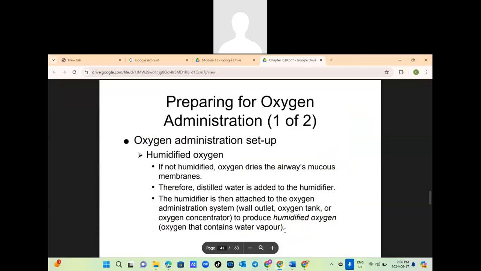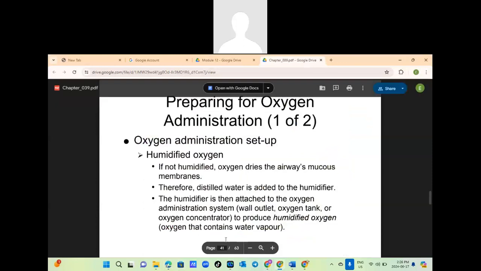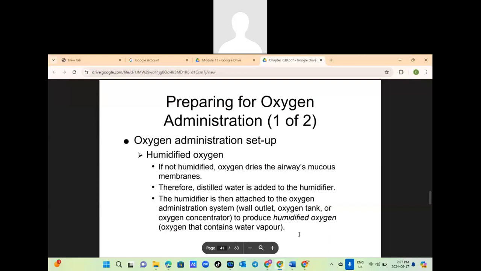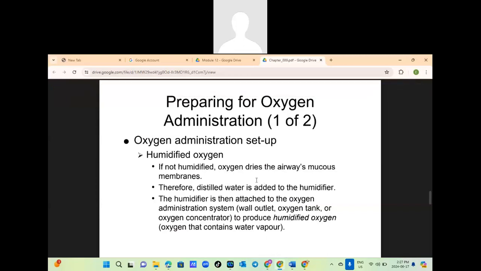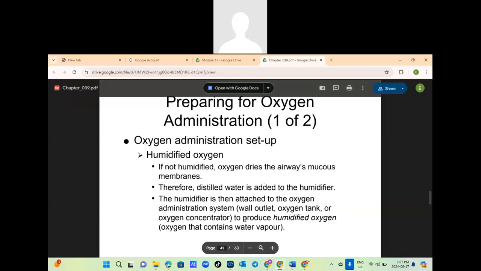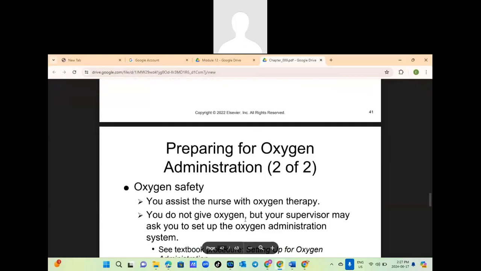The humidifier is then attached to the oxygen administration system, either the wall outlet, oxygen tank, or oxygen concentrator, to produce humidified oxygen, which is oxygen that contains water, so that we avoid drying the mucous membrane.